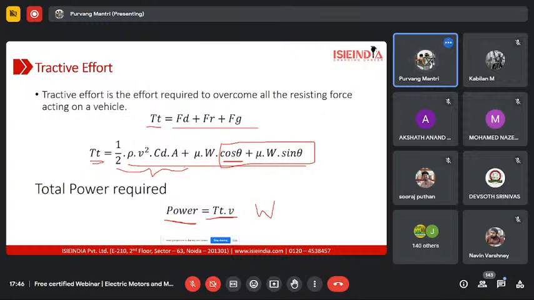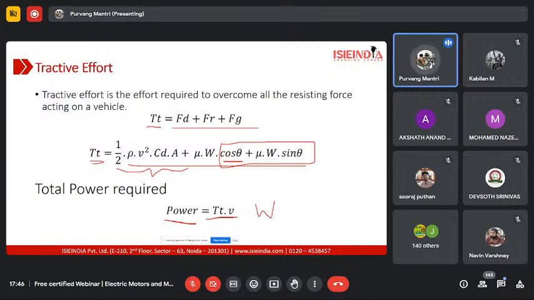But let's say you are trying to design a solar vehicle, a proper commuter vehicle. Then you need to consider all three resisting forces. But in that case also, there is barely any gradient on every portion of our road. Whenever the vehicle is climbing a bridge, then yes, definitely the vehicle has to overcome that gradient.